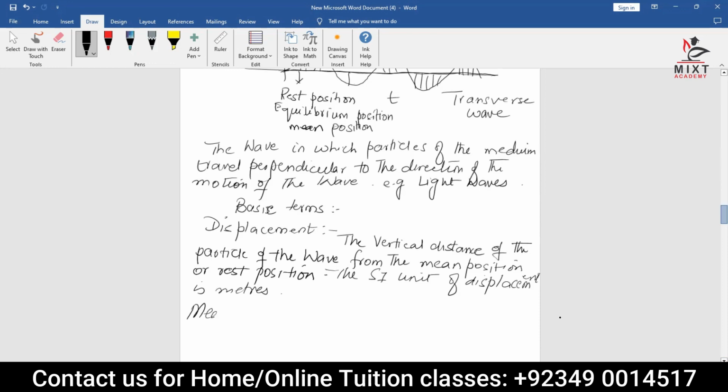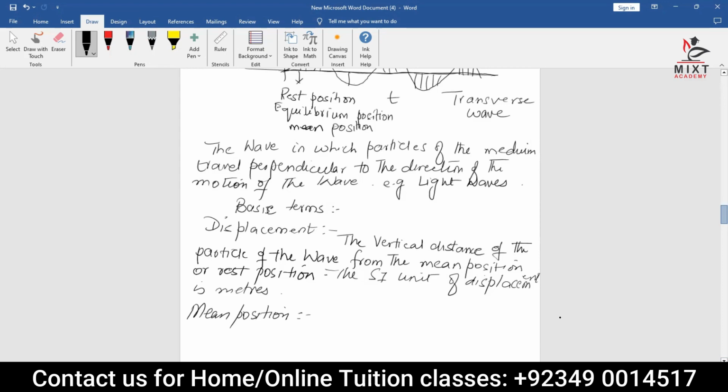How do you explain mean position or equilibrium position? Yes, what is mean position or equilibrium position, or you can say rest position? Who will explain that? What is it? Anyone? Ibrahim, Yumna, Armina, Ashad. Why are you so quiet today?